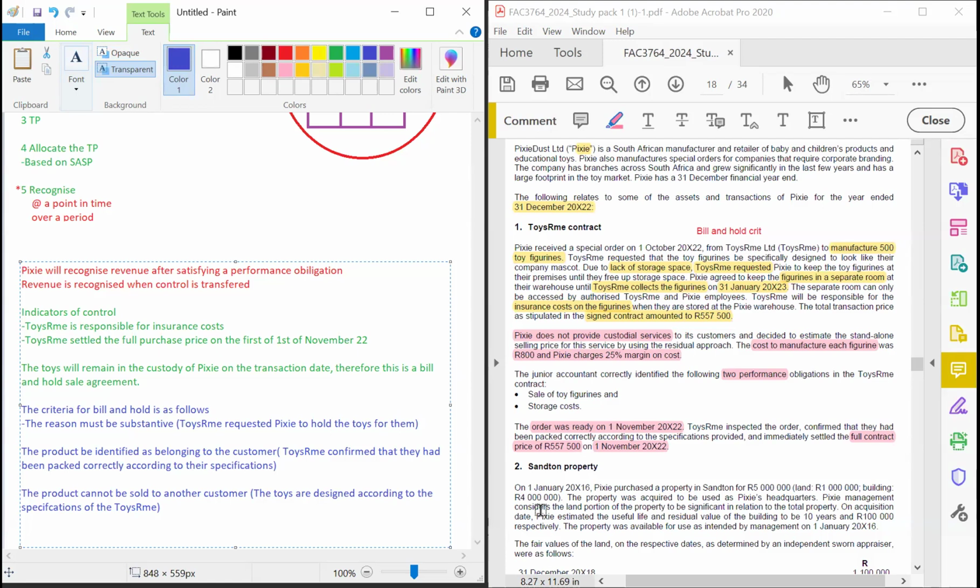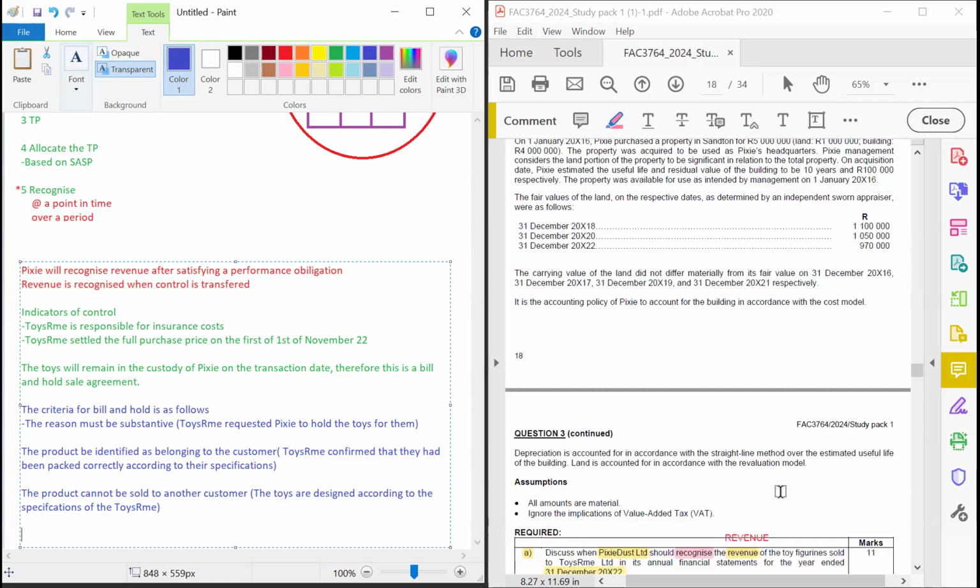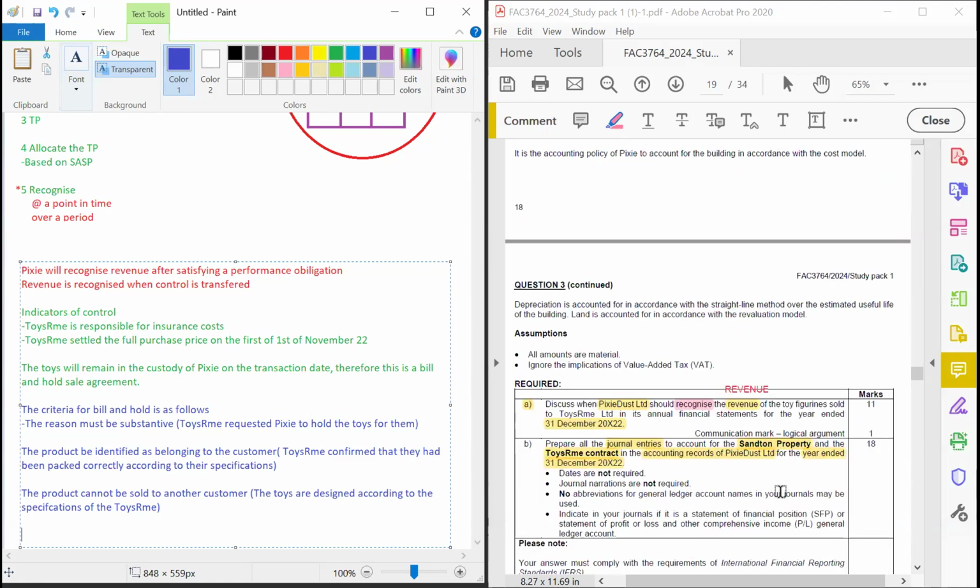Okay, so as I continue, remember that as much as we link the scenario to the theory, we also need to link everything overall to the conclusion, right? So what is the conclusion? The conclusion is to discuss when PPE should recognize revenue, right?